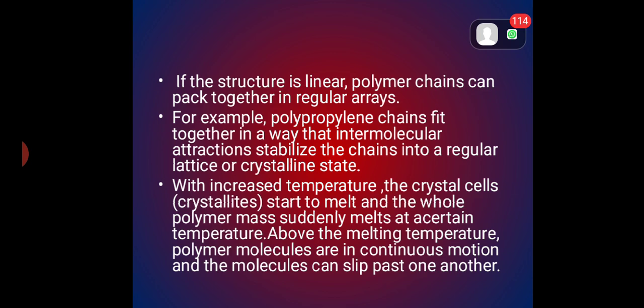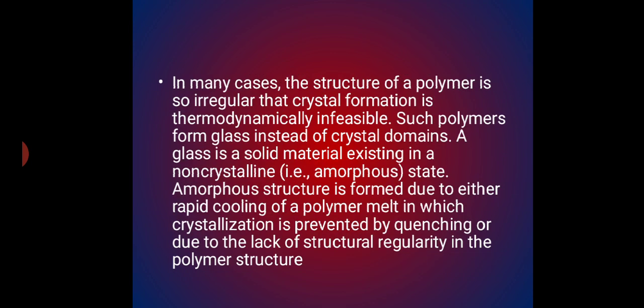This is given with the example of polypropylene, where chains fit together in a way that intermolecular attraction stabilizes the chains into a regular lattice or crystalline state. With increased temperature, the crystal cells start to melt and the whole polymer mass suddenly melts at a certain temperature. Above the melting temperature, the polymer molecules are in continuous motion and can slip past one another.